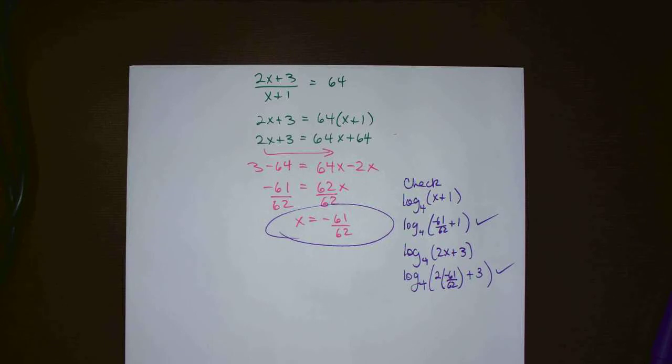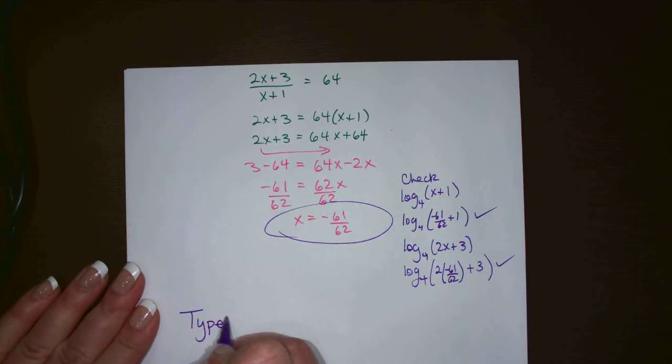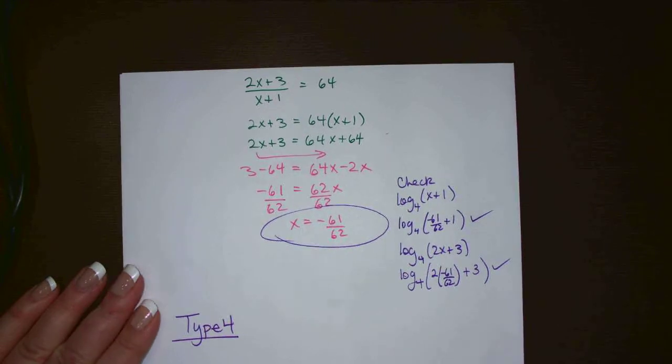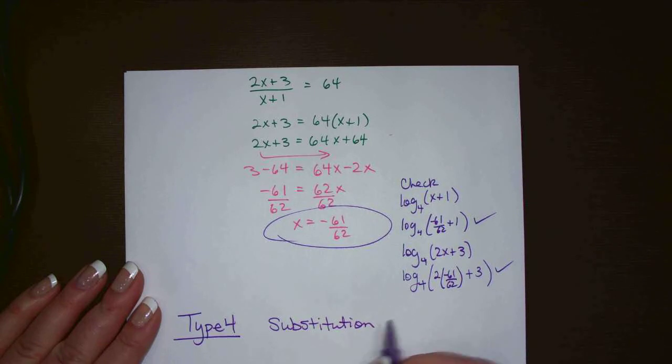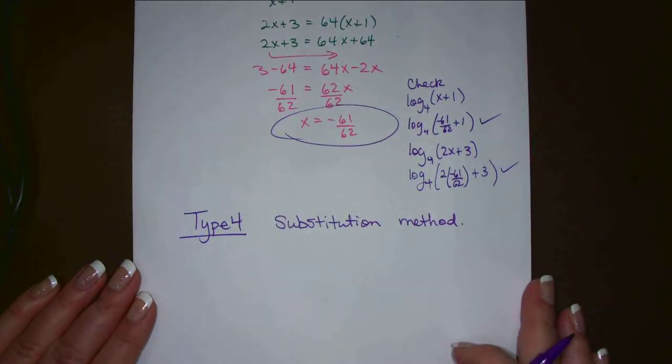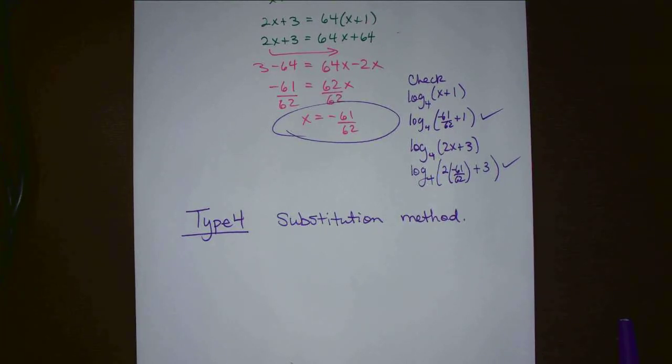All right, now last type, type 4. This is a substitution. We're going to use it here. You're going to use lots of substitution methods in your further math courses, but this will be one introduction to substitution.